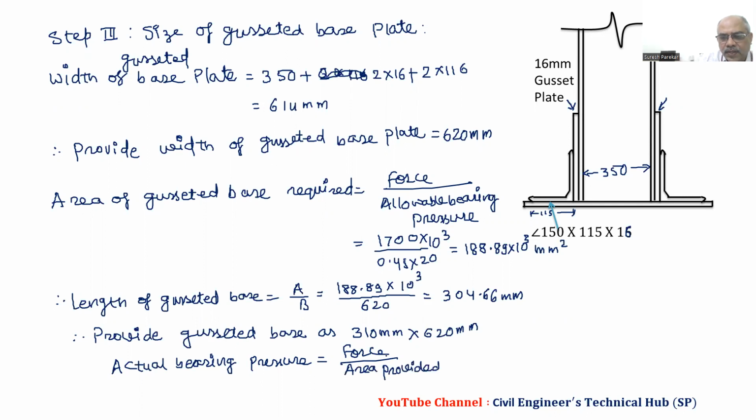Force we have 1700 into 10 raised to 3 divided by 310 into 620, and we have this value 8.85 Newton per mm square, less than 9, which is allowable, 0.45 into FCK.